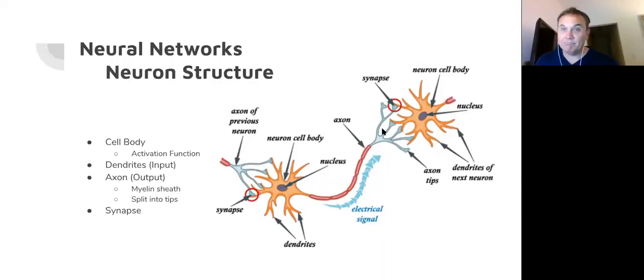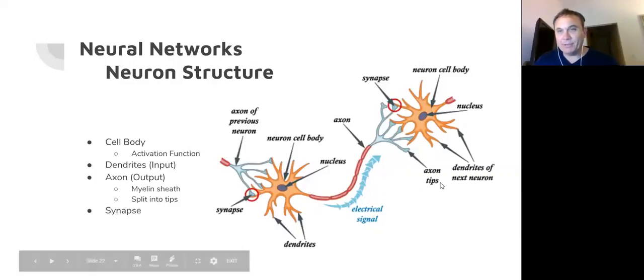Then that is breaking out into these axon tips, going into the dendrites of the next one, and so forth and so on. Now, these other axon tips are going into other neurons. So we're not showing all the neurons here, but basically this neuron is connected to several neurons on the output.